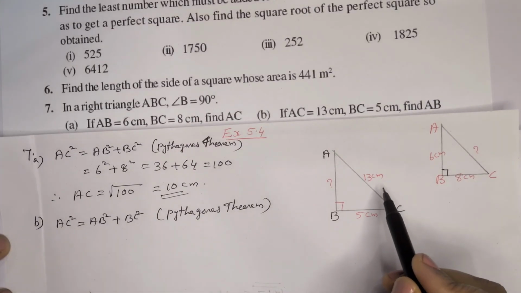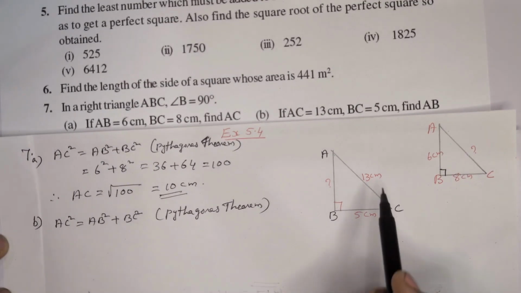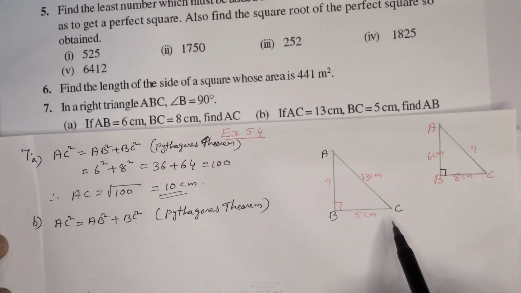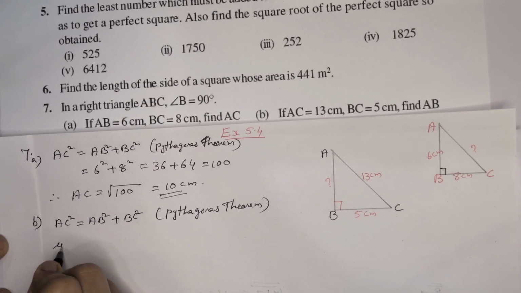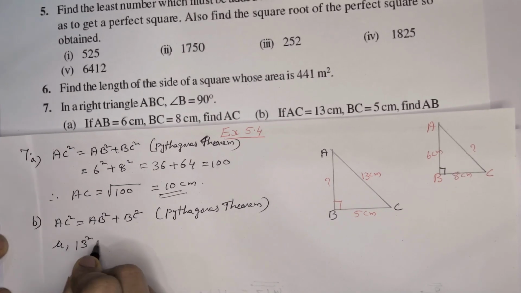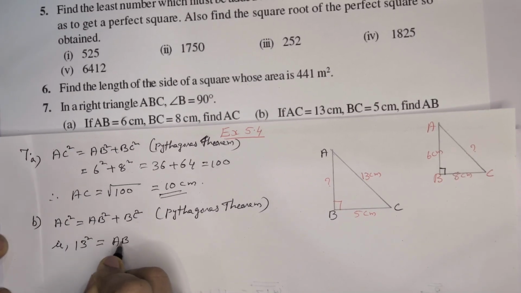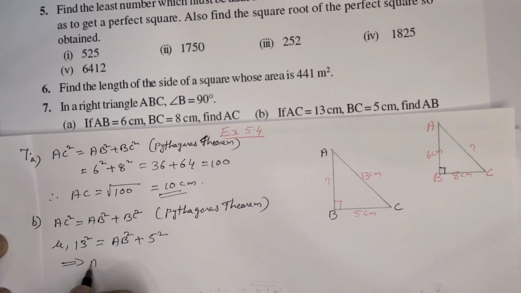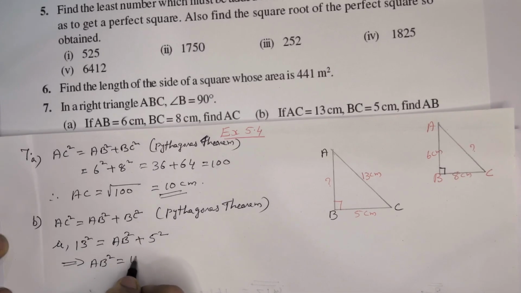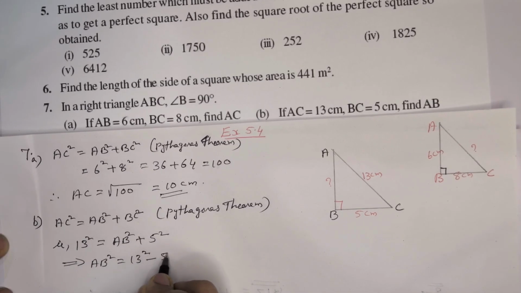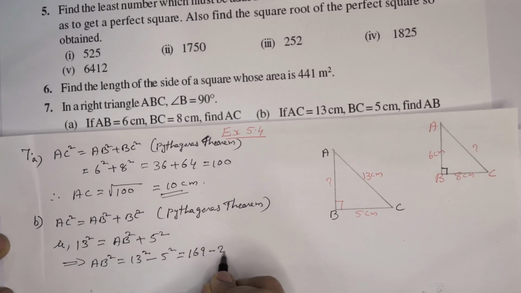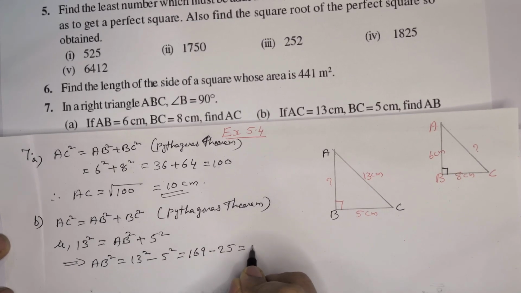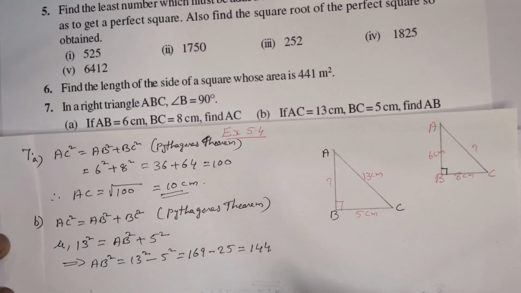Here AC is given as 13 centimeters, BC is 5 centimeters. Find AB. By Pythagoras theorem, AC square is equal to AB square plus BC square. That means 13 square is equal to AB, which we have to find, square plus 5 square, which implies AB square is equal to 13 square minus 5 square, which is equal to 169 minus 25, that is equal to 144.